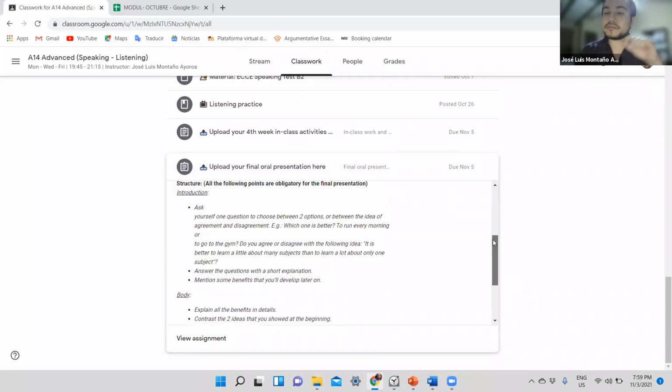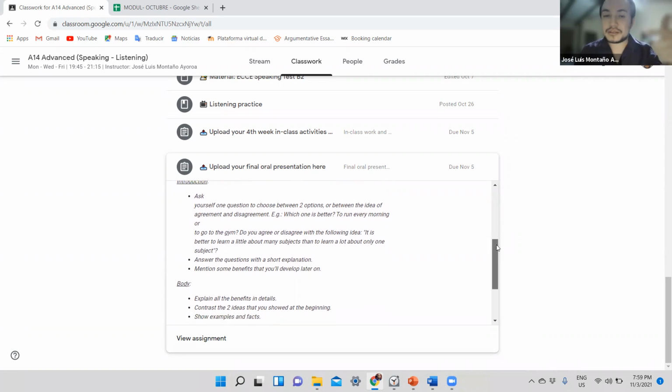So once again, one question to choose between two options or the idea of agreement and disagreement. Then you need to answer that question and you need to give a short explanation when answering and mention the benefits, not all of them, but some benefits that you're going to talk about later on.